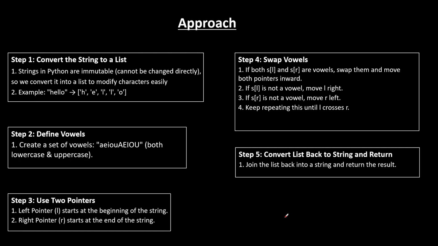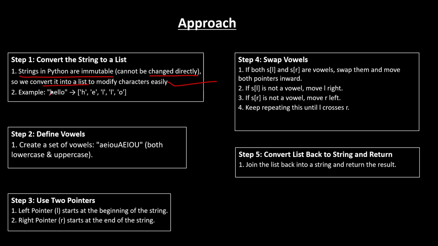Now, since we have the intuition of the problem, let's look into the approach, how we're going to solve it. What is the first thing that comes to our mind? We have to convert the string into a list. Why? Since we are coding in Python, strings are immutable, so we cannot change them directly. So we have to convert it into a list to modify the characters easily.